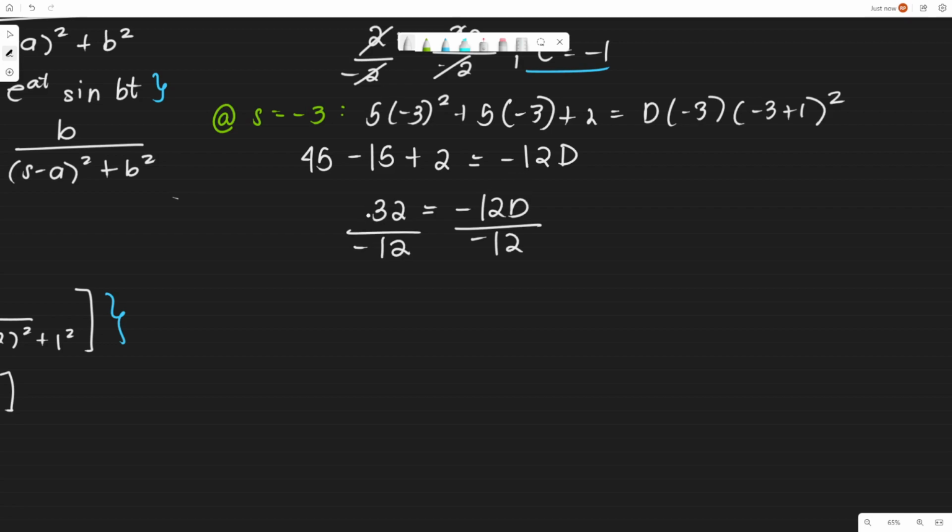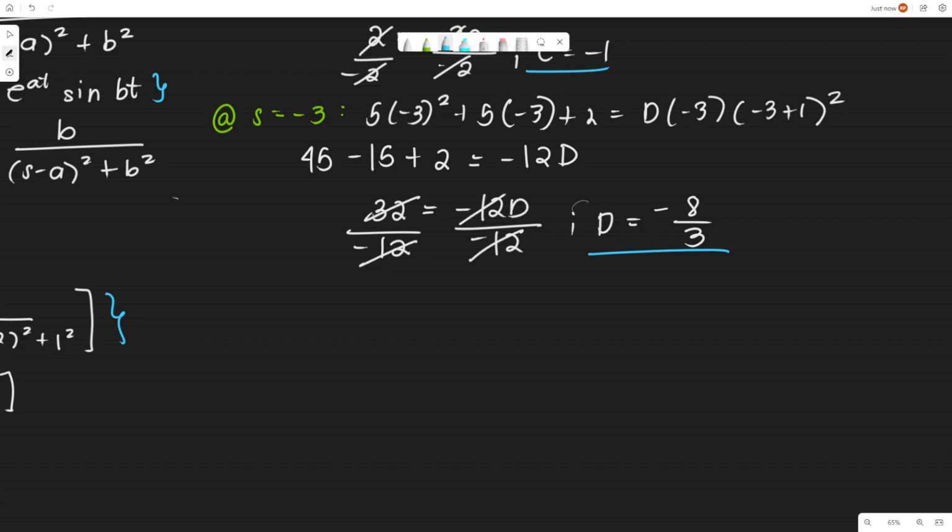So, cancel, cancel. So, we have D is equivalent to negative 8 over 3, common factor is 4. Okay, so let me just verify. Ayan, so we have negative 8 over 3.